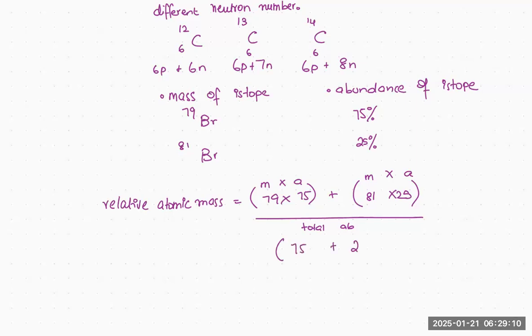I'm sure you guys already knew how to do these calculations, but I thought I would go over them just in case you don't remember properly or for the purposes of revision. So if you do your calculations, you will get 79.5 as the relative atomic mass of bromine.